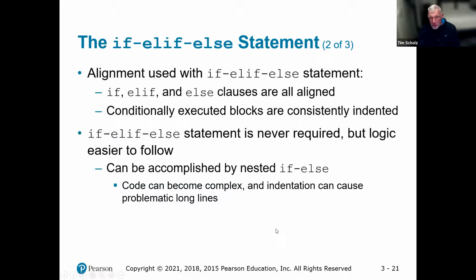Again, when you're looking, your alignment lines up: your ifs, your elifs, and your else all have to be on the same line. If you program right, you don't need to do the nested if else.